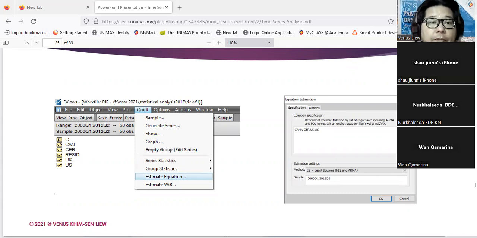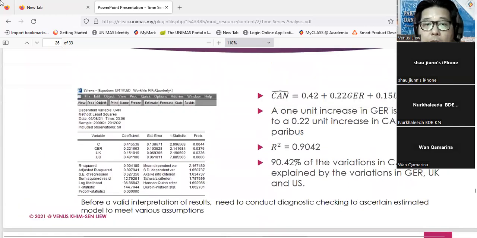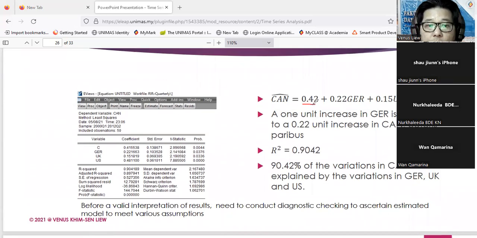So you get the result like this. You have to transform the result into an equation. So 0.42 is here. In business and economics, including finance, marketing and management, there are so many decimal places, and you normally take 2 or 3 decimal places.